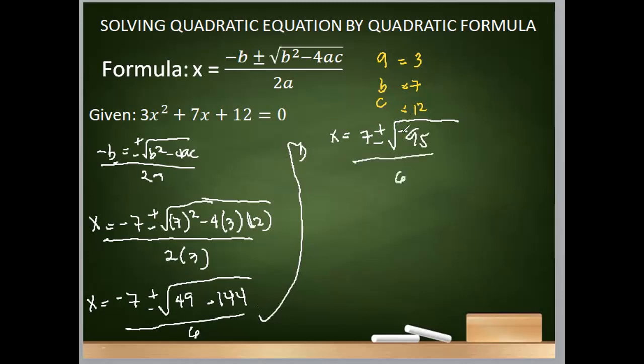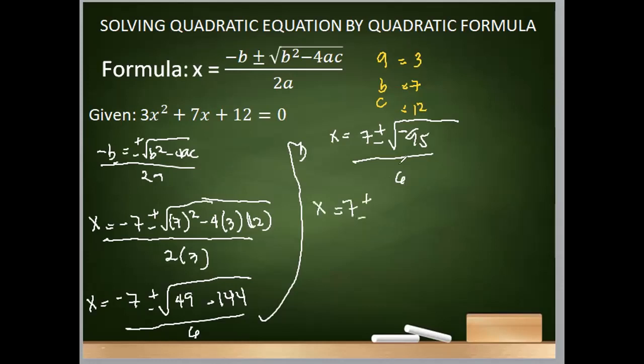As you can see po, meron tayong negative sign sa loob ng square root. And di ba po sinasabi natin na kapag meron tayong negative sign sa loob ng square root, ay imaginary number na siya. So, paano ba natin tatanggalin si negative sign sa ating equation? So, please follow.